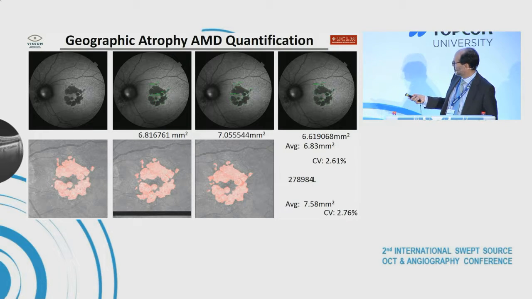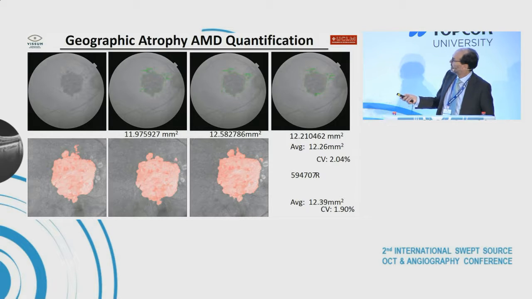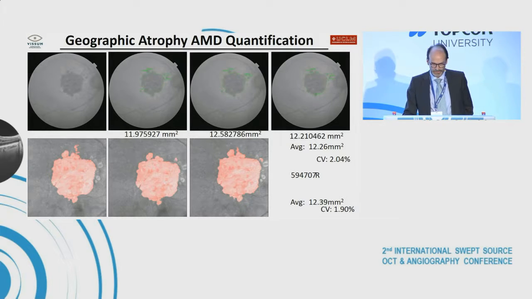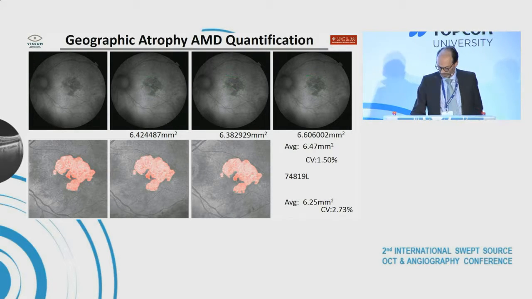This is the manual measurement, and the automatic, with very good accuracy of the automatic method. The difference between means, and in this case, the coefficient of variation was a little bigger with the automatic software. Another case with an irregular big lesion and multiple lesions around it, the manual and the automatic measurements. Another case, very similar, the manual measurement and automatic.